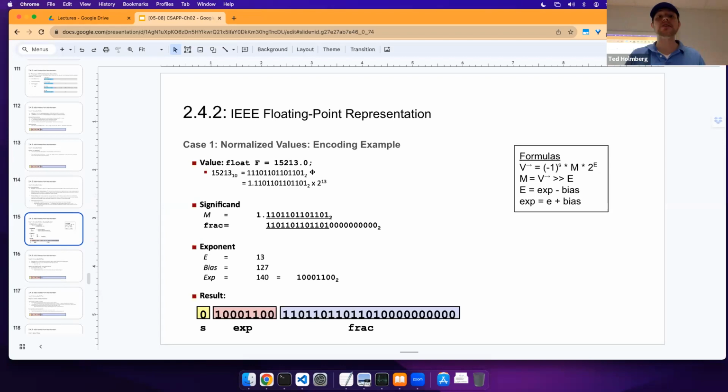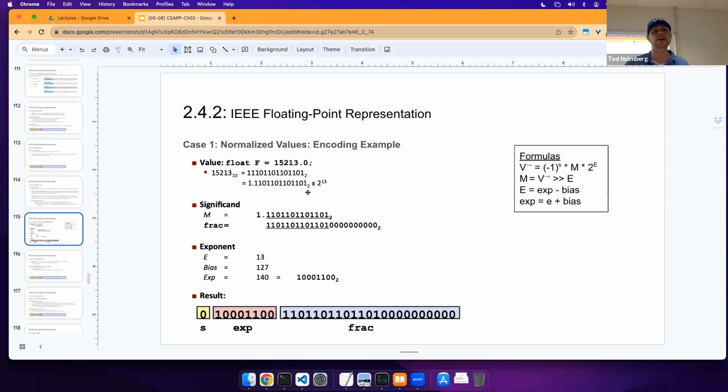So now looking at the original equation, my E value is going to be 13, because that's how many units I had to shift in order to get my original binary string into this format. These are equivalent to each other. I can say this binary string is equal to 1 point 110, 1101, and so on, times 2 to the power of 13.